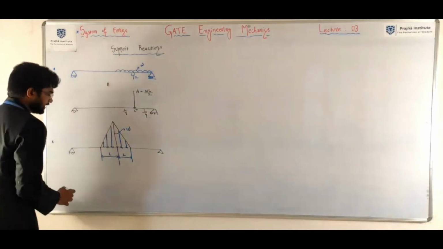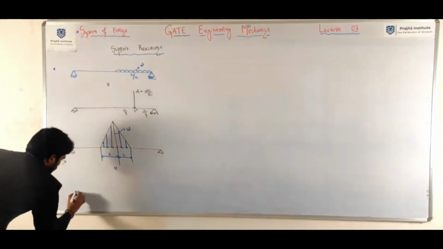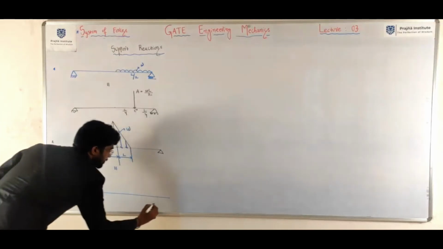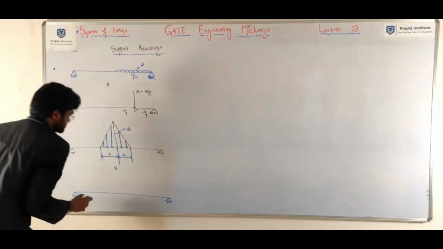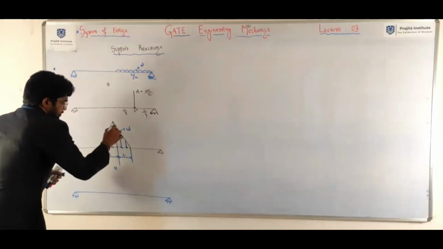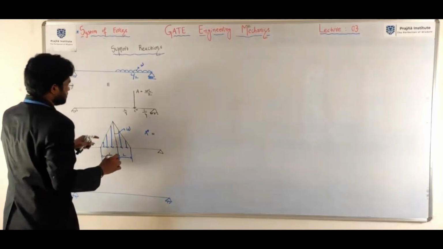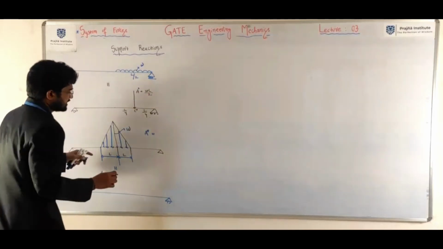If it is symmetrical, how to convert it? Tell me. If it is symmetrical, just calculate the area. What is A star here? Tell me.